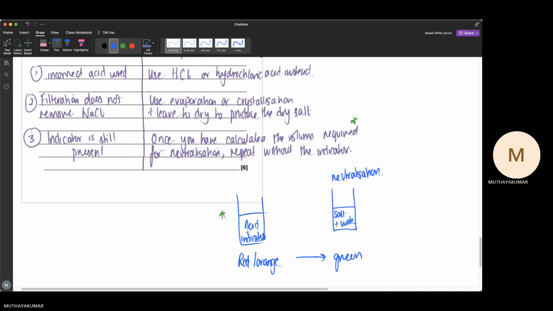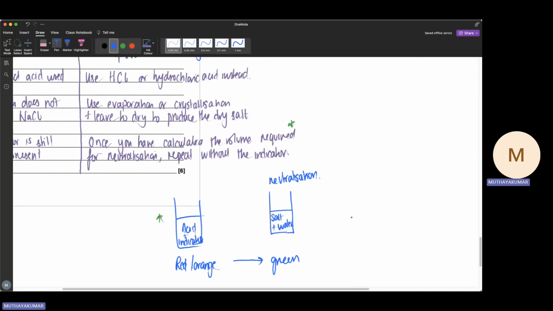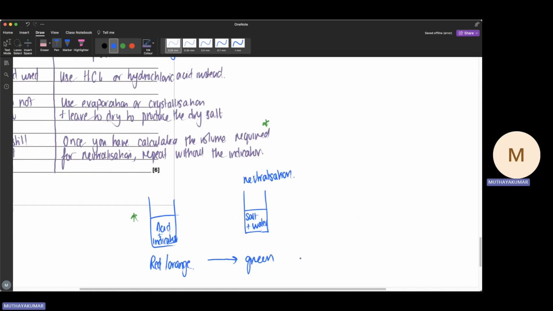Now, what would happen if you continued to add base or more sodium hydroxide, you would end up in a situation where you have salt, you would have the water. So these are your two products. But in addition to that, because you continue to add more and more base, you would have some excess or extra base in your solution as well.